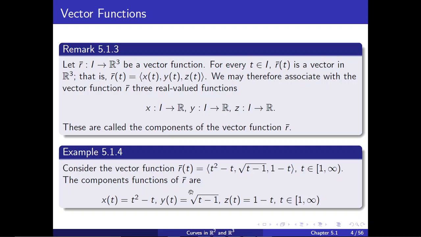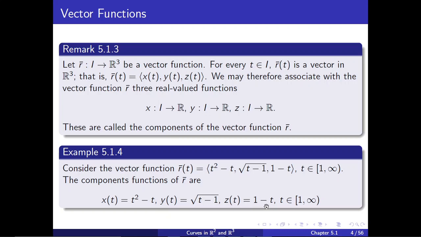Then the components of this vector function are x of t equal to t squared minus t, y of t equal to the square root of t minus 1, and z of t equal to 1 minus t.